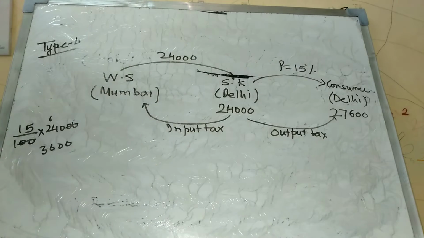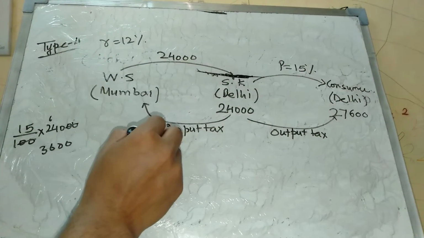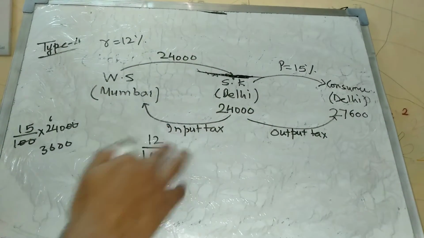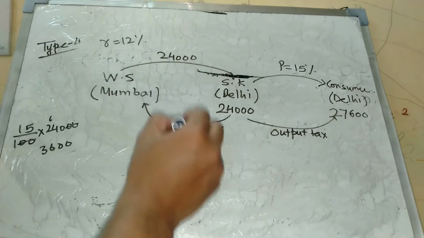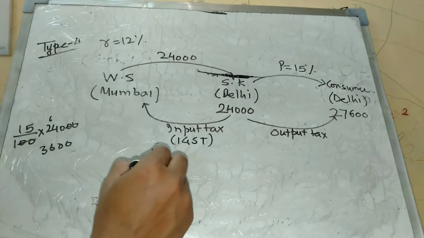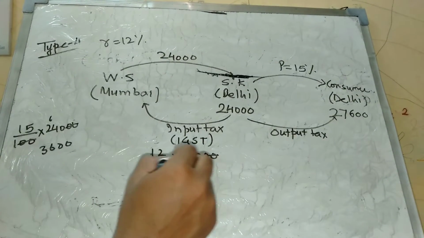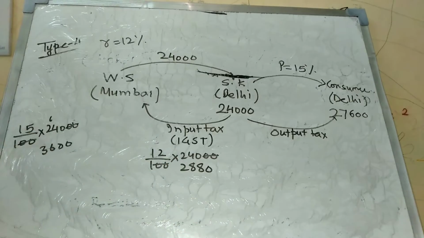Now, the rate of GST in this is 12%. So, the states are different, IGST will be charged. So, 12% of the purchasing price is 2880.